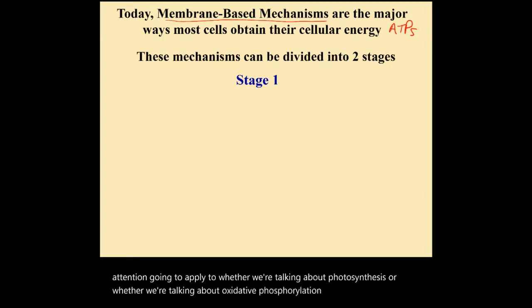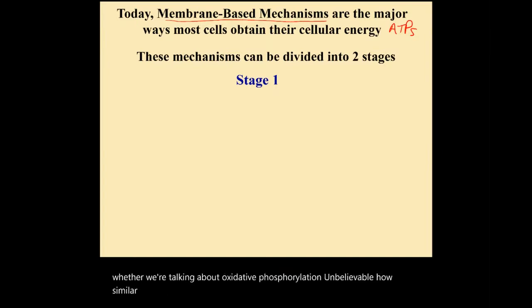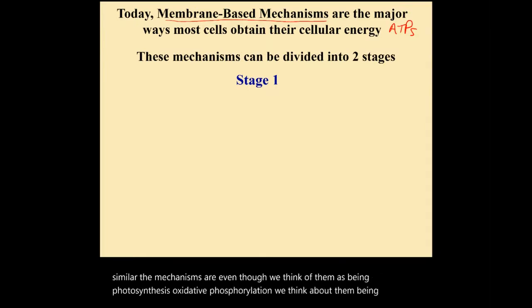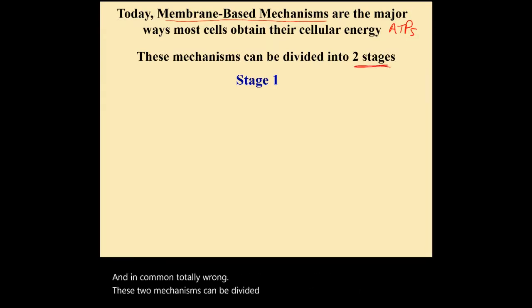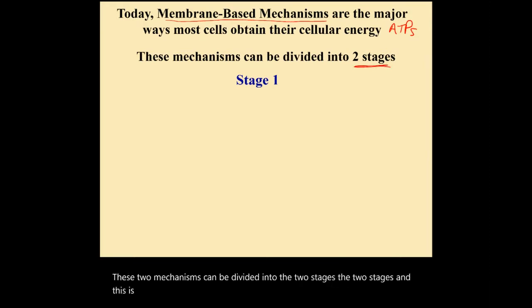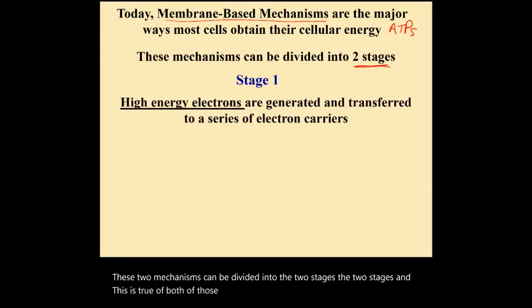Unbelievable how similar the mechanisms are, even though we think about them as being two separate things because one's taking place in a chloroplast and the other in a mitochondria. We think, oh, they've got nothing in common. Totally wrong. These two mechanisms can be divided into two stages, and this is true of both of those mechanisms.